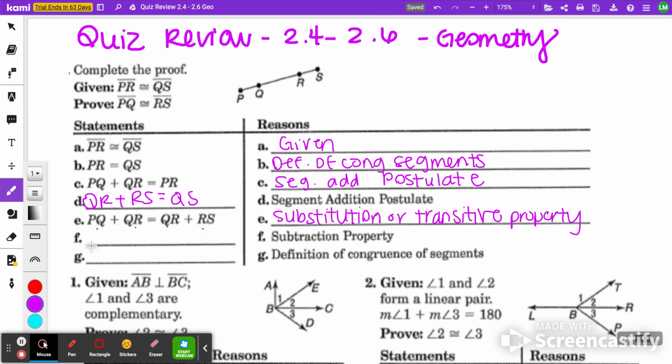Then for the subtraction property, we are subtracting QR from both sides so that PQ is equal to RS. So the definition of congruent segments should look like this: PQ, line segment, is congruent to line segment RS.